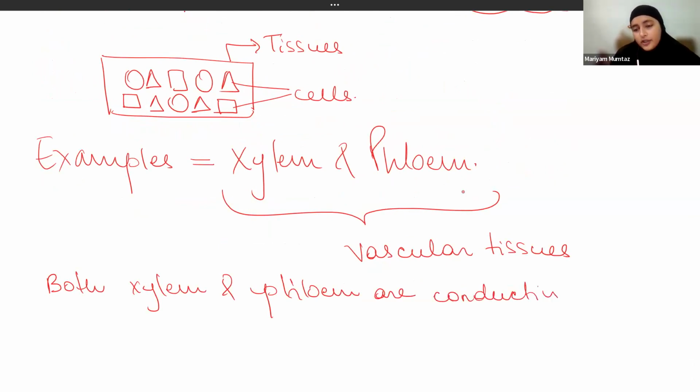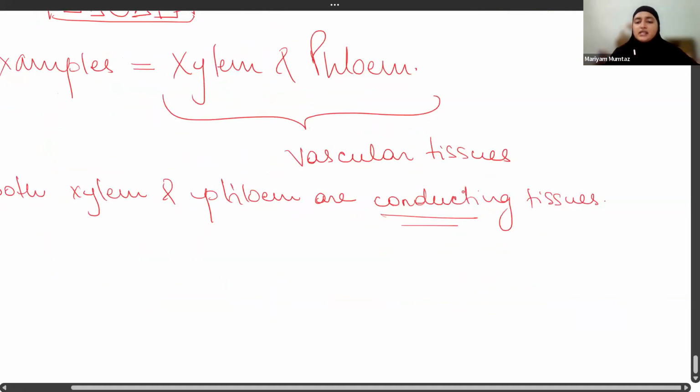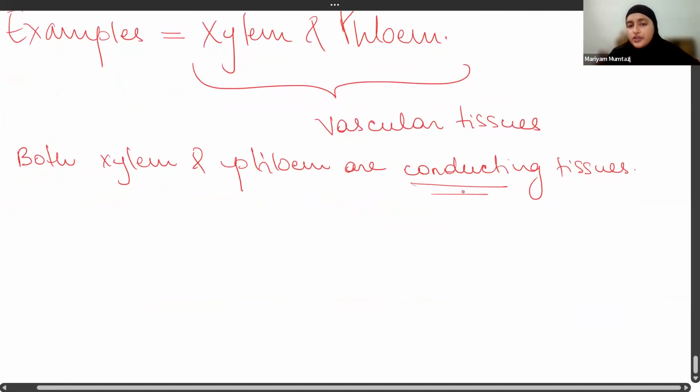Now, what is the meaning of conducting? Conducting means to transport. These are the conducting tissues which transport water and minerals to all the parts of the plants. Correct. Basically, conduction means transportation.